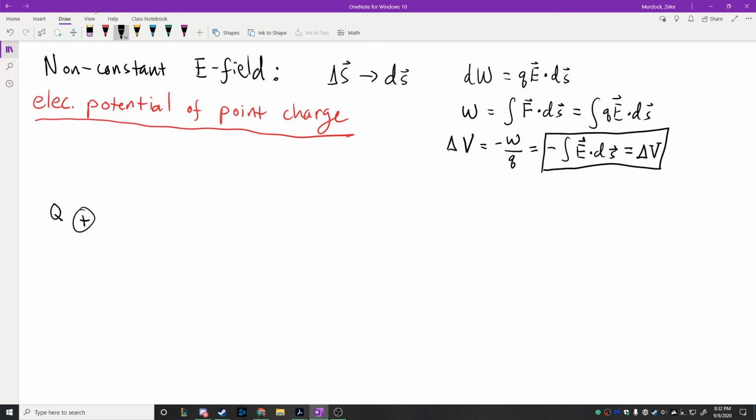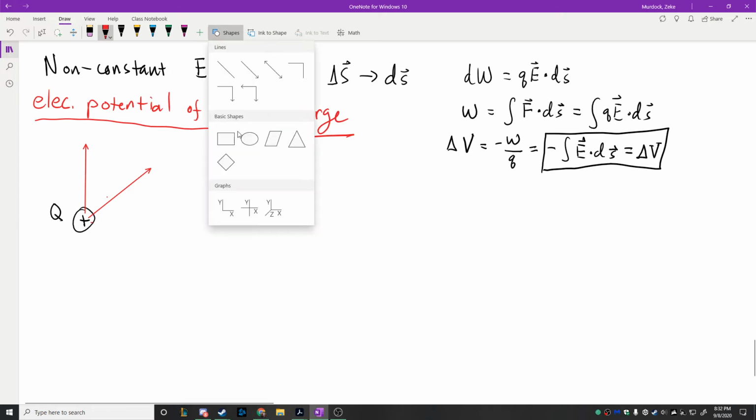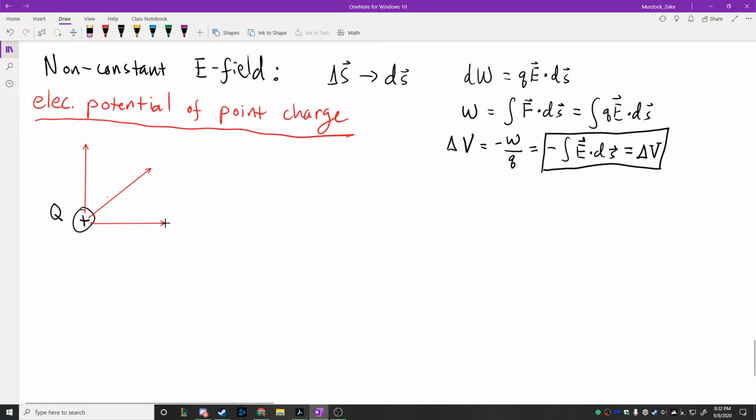And we think about the electric field lines associated with this object. The electric field lines for a positive charge basically point radially out away from it. So you could have one right there, one coming out like this, one going like this.